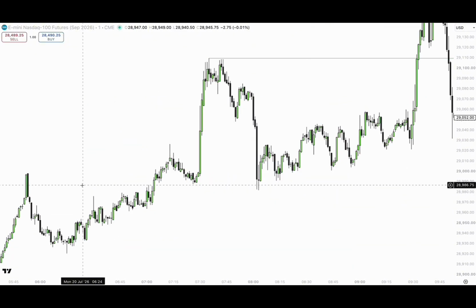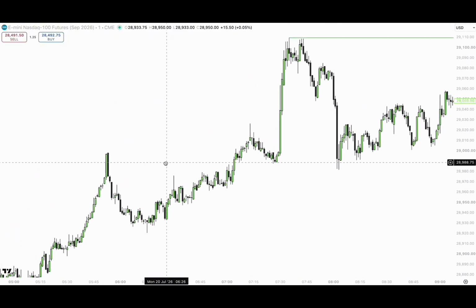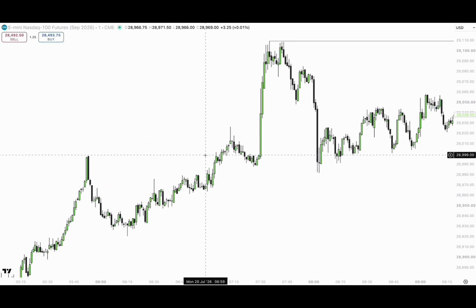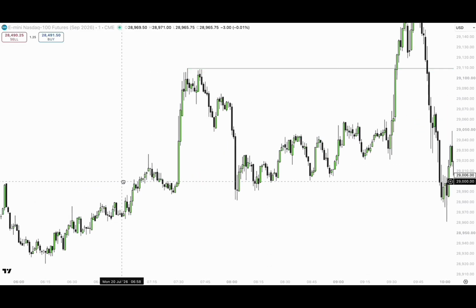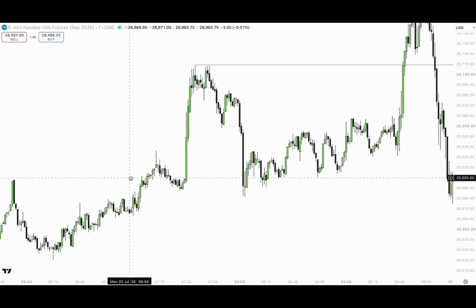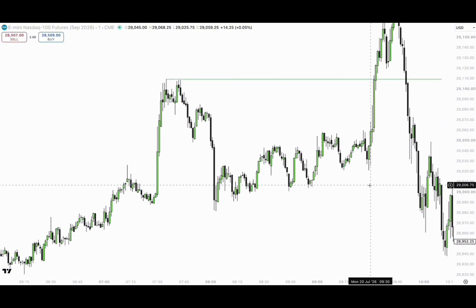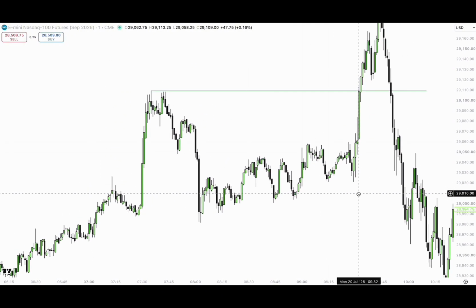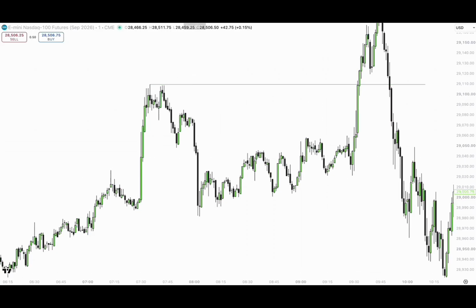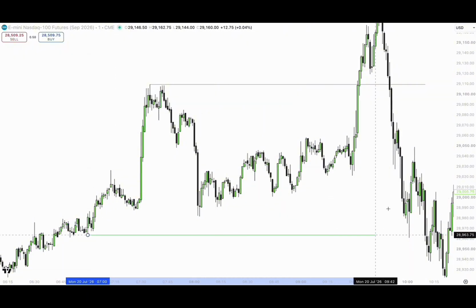This is the high of the pre-market session. The London session is from 2:30 until 7, and then at 7 a.m. the pre-market session of the New York AM session starts, and then at 9:30 we open up the New York AM session. As we can see, the low of the pre-market session is right here.